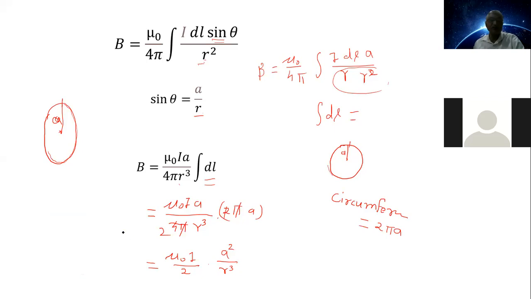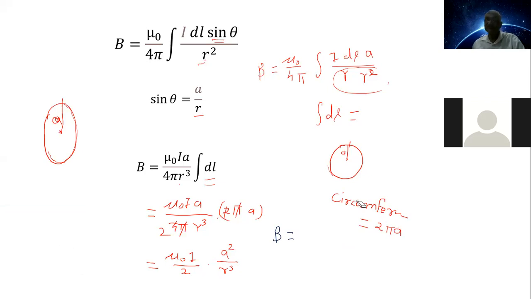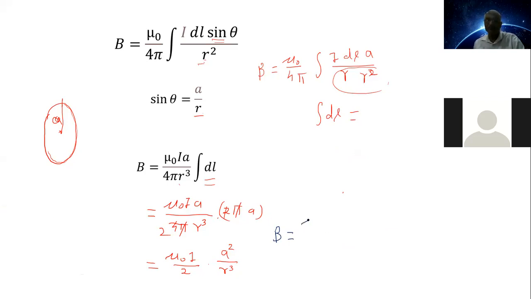The final equation that we get here: B is equal to magnetic induction on the axis of the circular coil. B is equal to mu 0 I upon 2 into a square upon r cube, and what value can we put for r cube? a square plus x square bracket raised to 3 by 2.